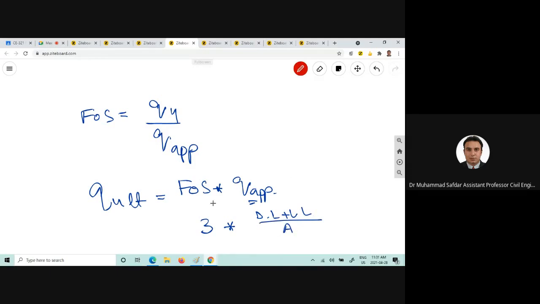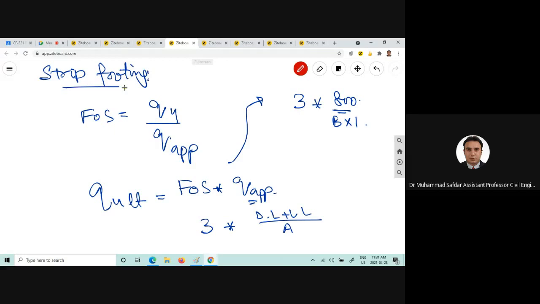Now if we bring it here, so we can write that 3 into 800 because 500 plus 300, and the area we can write B into 1 because it's strip footing.